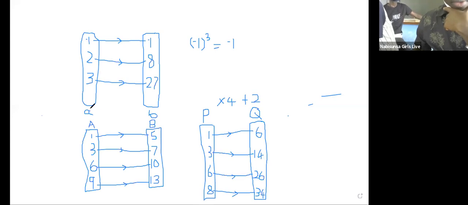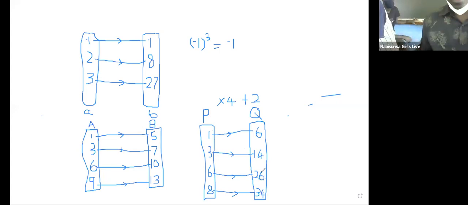Small a is the domain because that's where we are picking the primary elements to be related to the secondary elements. So B becomes the range. In the second arrow diagram, still capital A is the domain and capital B is the what? The range. In the third arrow diagram, P is the domain and the Q is the range.